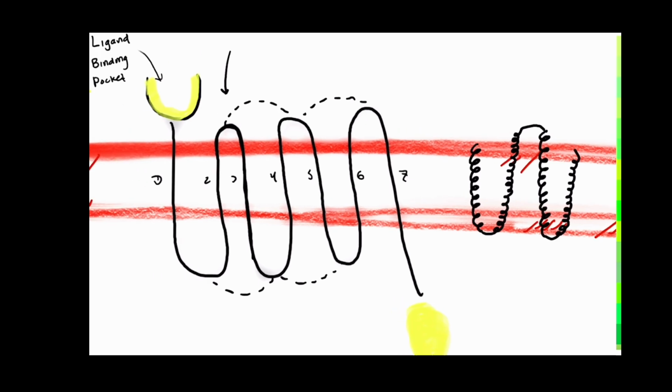Now, we're going to talk about this binding pocket here, right? And this is the N-terminus of the protein. So I'm just going to say N here, and this is C here. So when we're looking at this binding pocket here, or the N-terminus of this protein, we're going to notice a couple of things.